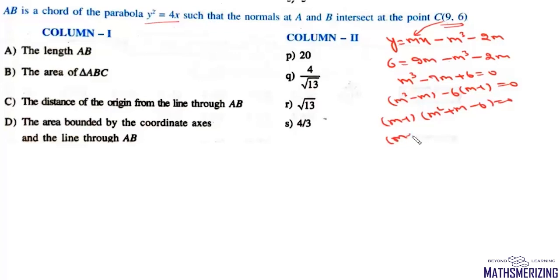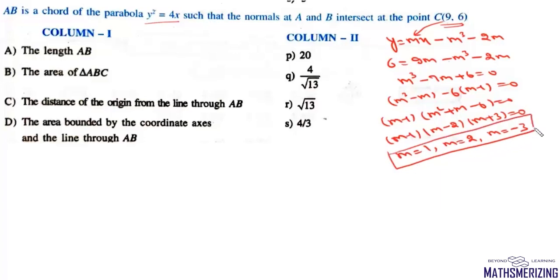So it'll be m minus 1, m minus 2, m plus 3 equals 0. So we'll get three values of m. Either the value of m is 1 or 2 or minus 3. So these 3 points represent co-normal points and their slopes are 1, 2 and minus 3.